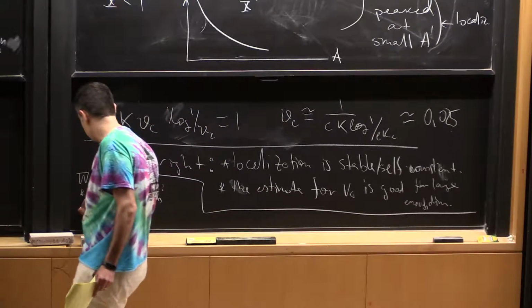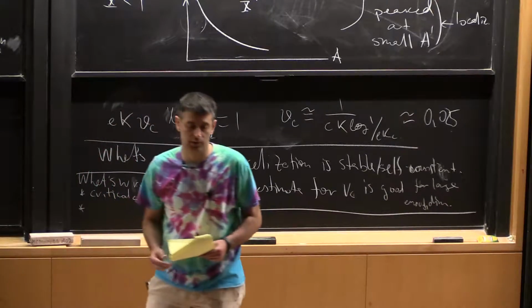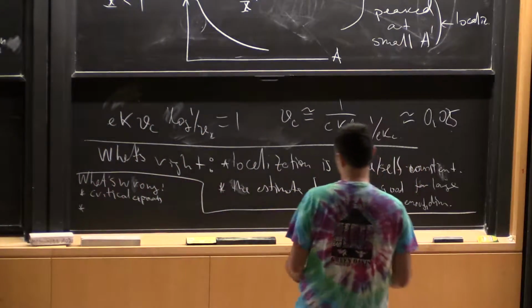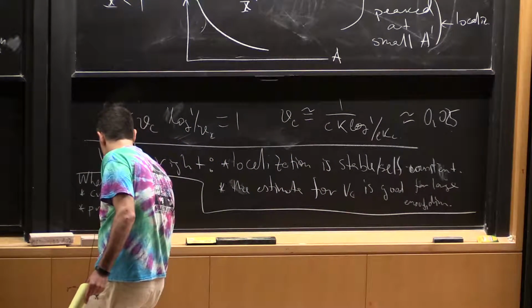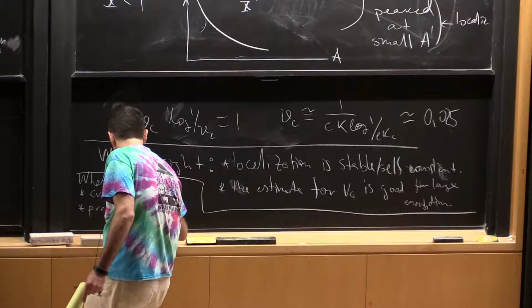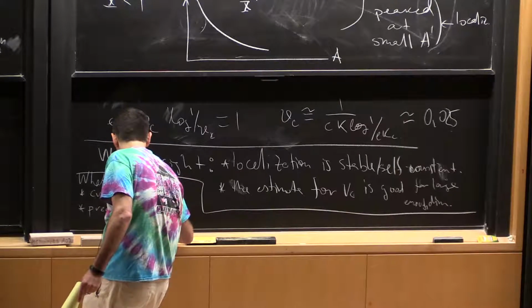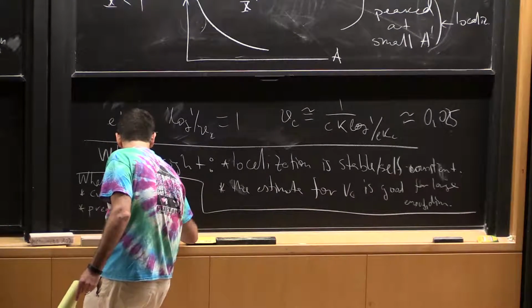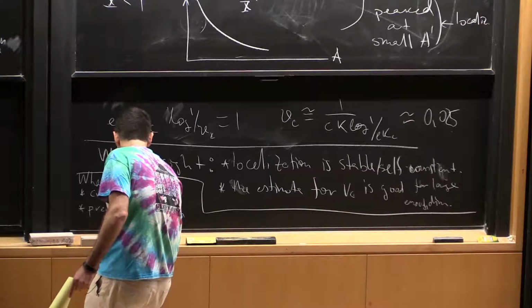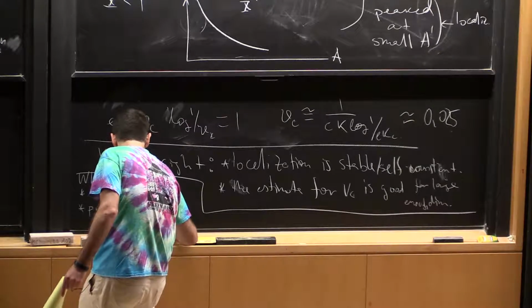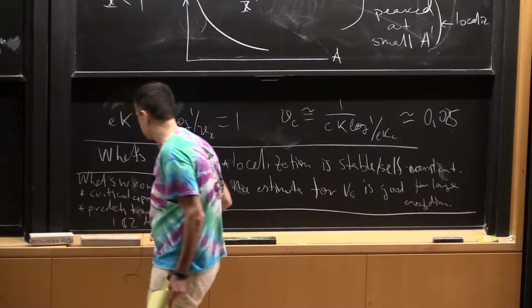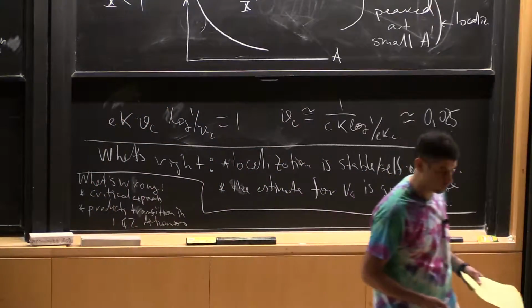But there's actually a much more profound problem with this approach. It predicts a transition when there isn't any: a transition in 1 and 2 dimensions, and there aren't any transitions in 1 and 2 dimensions.